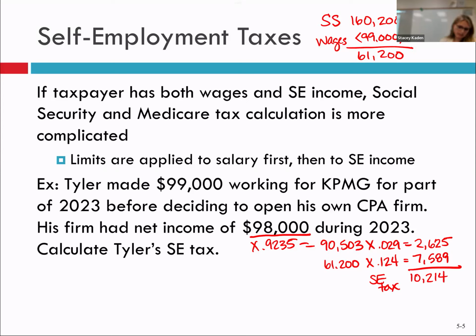If I ask you to calculate Tyler's AGI, how would we do that? Okay, you want to multiply that times 1/2? 5,107. What do you want to do with that? What should be included in Tyler's gross income?